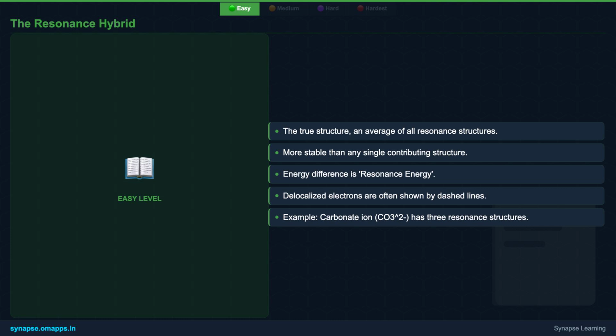The energy difference between the hybrid and the most stable contributing structure is called resonance energy, and it's a measure of this added stability. We often represent this delocalization of electrons in the hybrid using dashed lines. A classic example is the carbonate ion, where the double bond isn't fixed but shared among all three oxygen atoms.